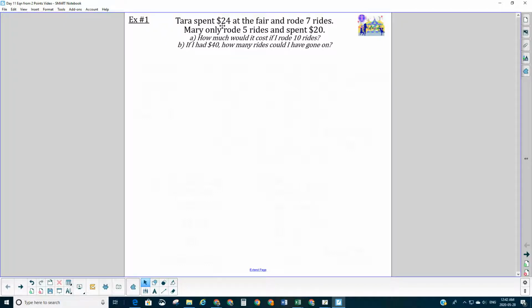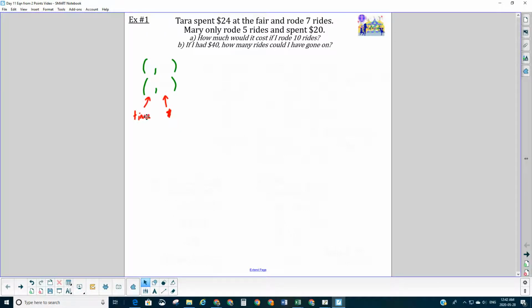So let's look at the scenarios. She spent $24 for 7 rides at the fair. So this represents 1 point in this relationship, 1 coordinate. Remember, as always, we've got our coordinates. This time we have 2 coordinates instead of 1 because we know information about Tara and Mary.